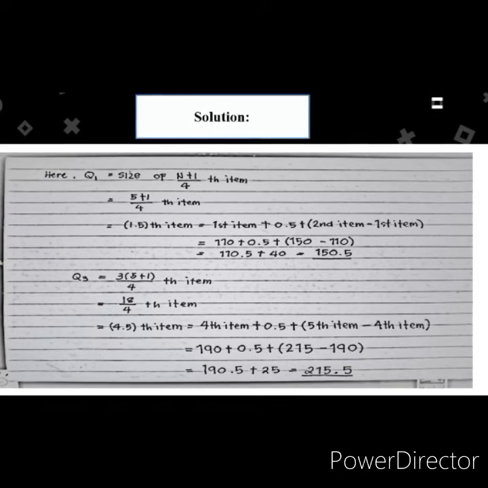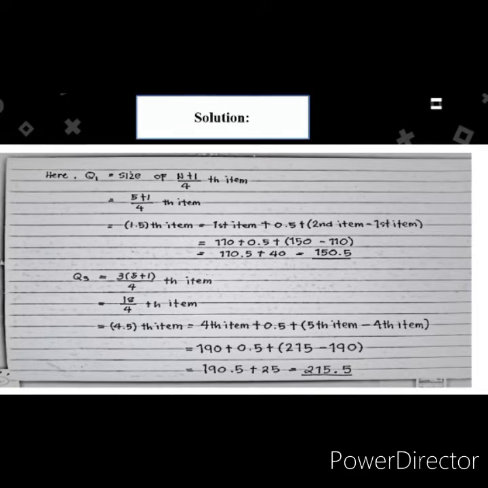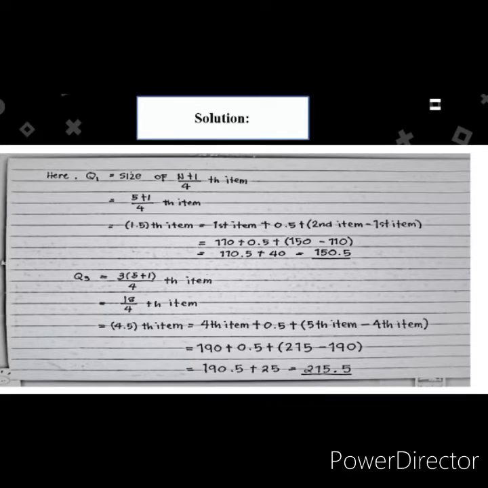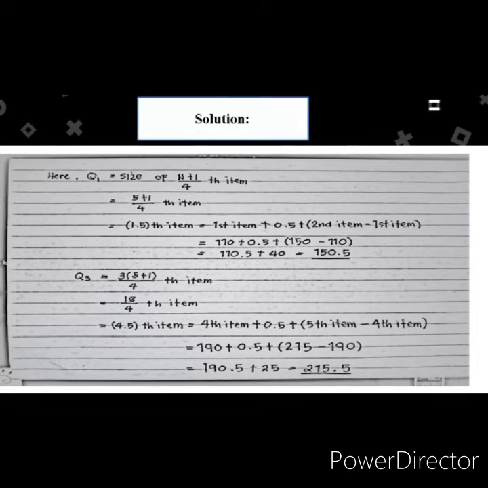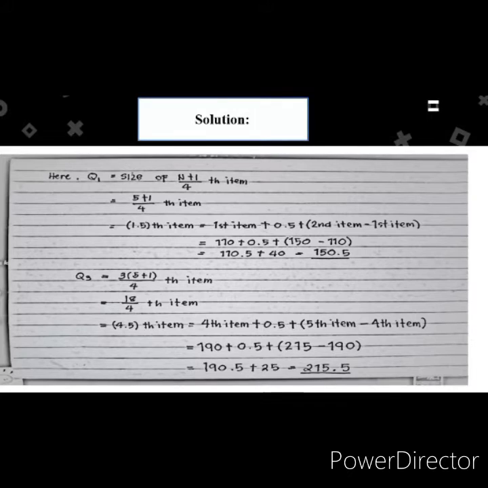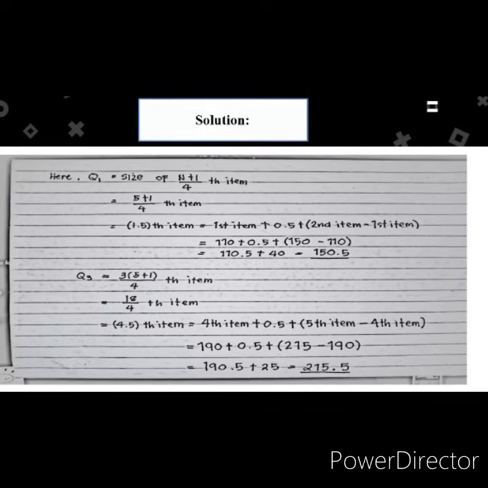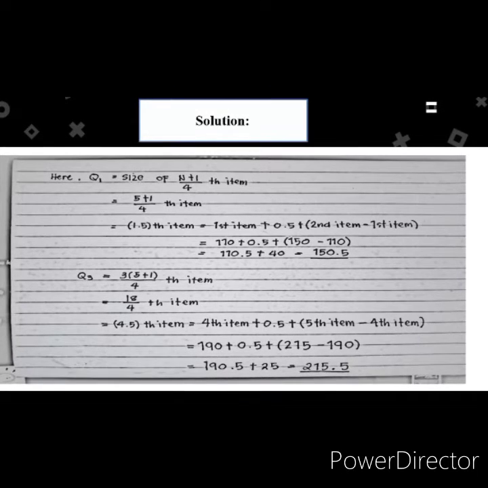So here is the solution. Quartile 1 is the size of the (n plus 1) over 4 nth item. So 5 plus 1, where 5 is the number, over 4 gives the 1.5th item. So we take the first item plus 0.5 times the second item minus the first item.